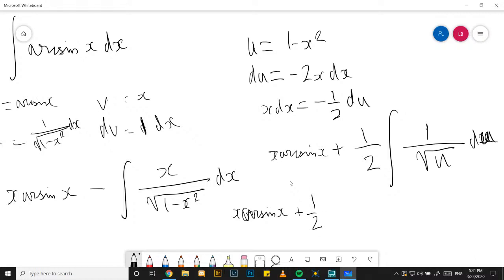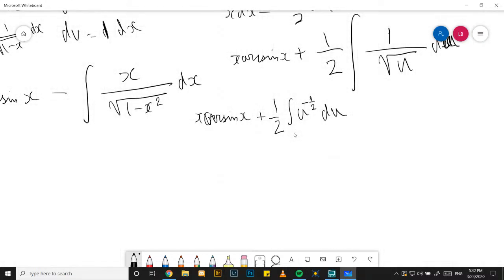Sorry about that. Half the integral of u to the negative half du is a very simple integral to do because it's just using the power rule. So it becomes x arc sine x plus half times u to the half, which simplifies into x arc sine x plus u to the half.